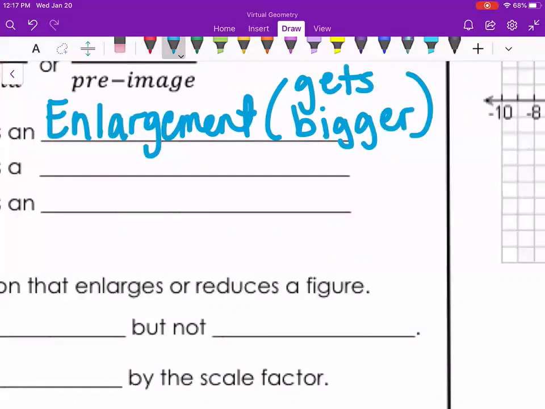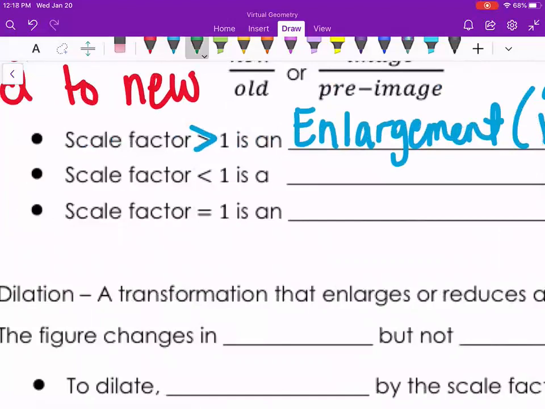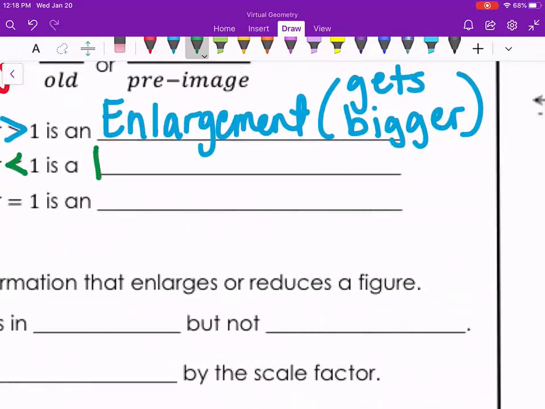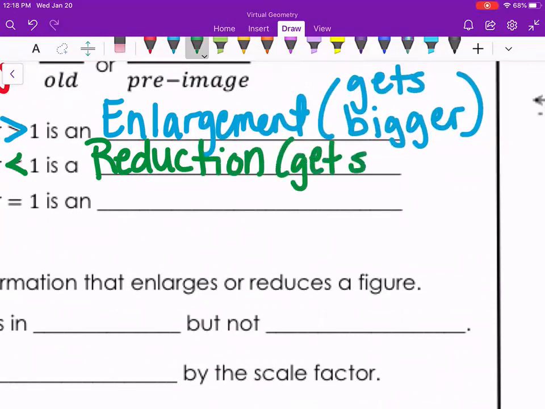When your scale factor is less than 1, that's what we call a reduction, which means your shape got smaller.